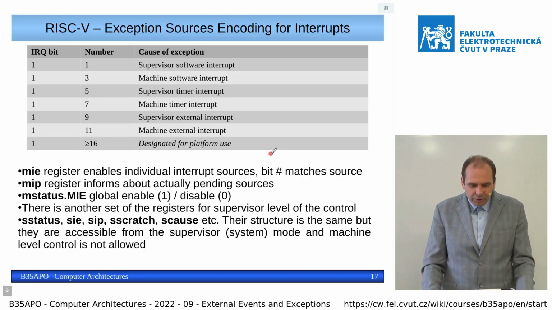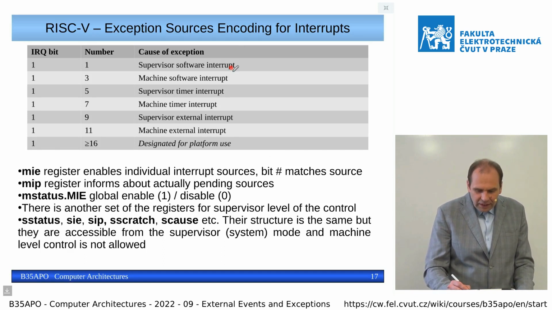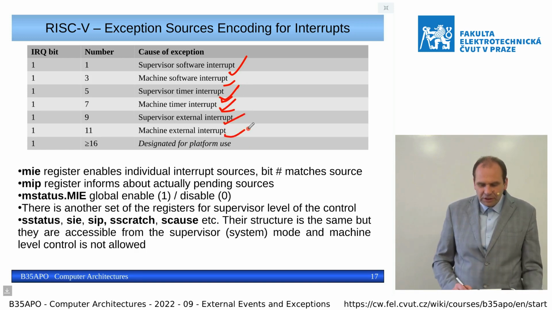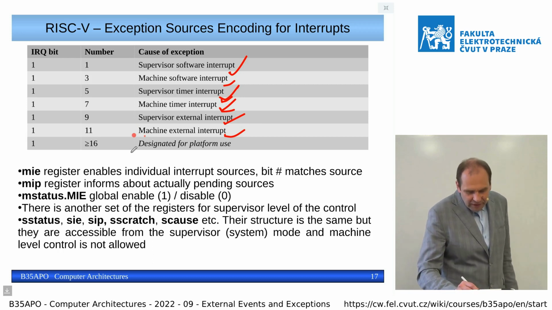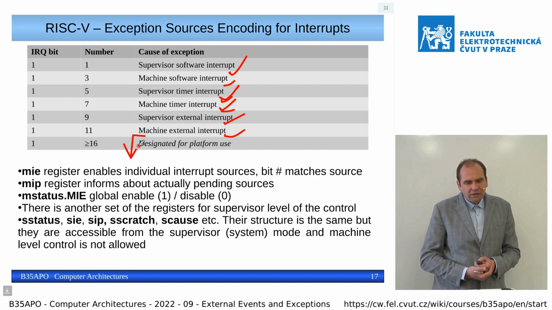Then we have the asynchronous ones, the external interrupts, and it can be, for example, an interrupt by software from supervisor, machine, and so on. Then we can have an interrupt from the timer on supervisor and machine level, supervisor external and machine external, and then some platform-specific sources.